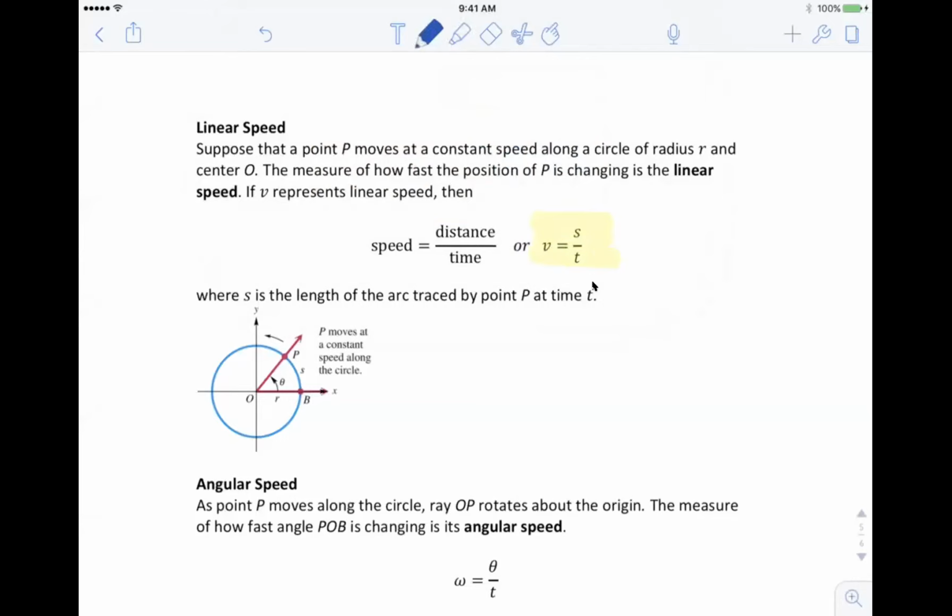And then that s has a little formula as well. When you find s, that's arc length, which we found using r times theta, where theta is in radians. So another version of this is r theta over t, which we'll probably be using more often, because we'll have to find that arc length. So when you have to find linear speed, use that formula.